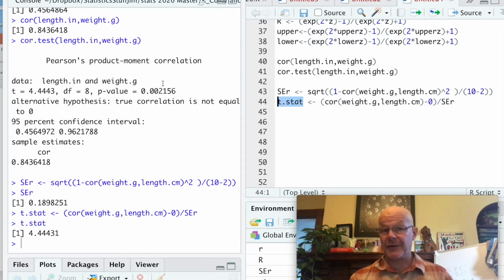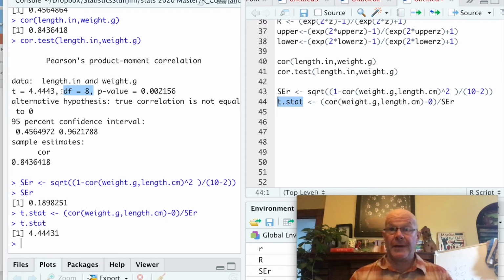You can already see where this is going, because it's already up here: there's the t statistic that we got when we used the cor.test function, just to prove to ourselves that we know how to get the 95% confidence interval. It also gave us a t, and that's where it got that t. Degrees of freedom is 8 because it's n minus 2: to calculate the correlation, you needed 2 standard deviations, so you start docking yourself some random variables.